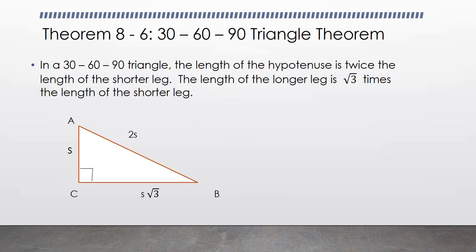Okay, our other special triangle is a 30-60-90. Our 30 degree angle is opposite our smallest side, which we call S. The length of the longer leg is S times root 3, and the hypotenuse is 2 times S. So again, this is our relationship for a 30-60-90.